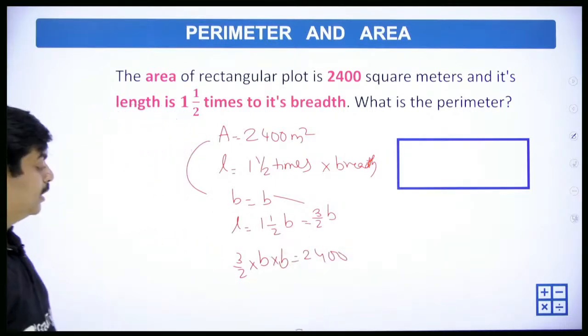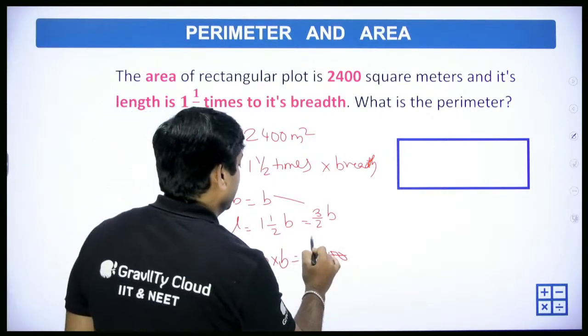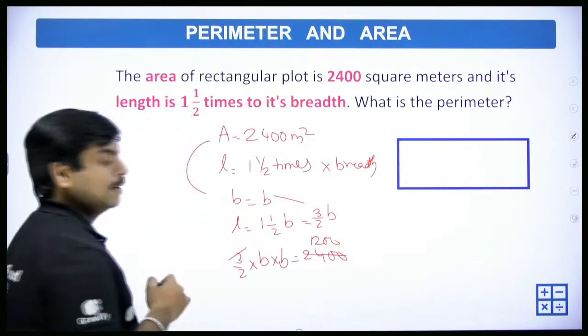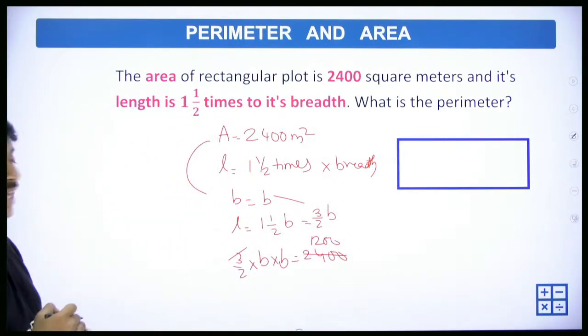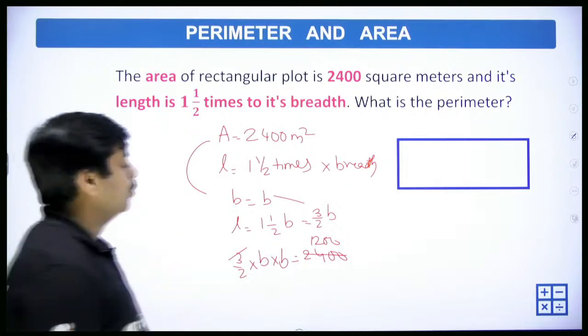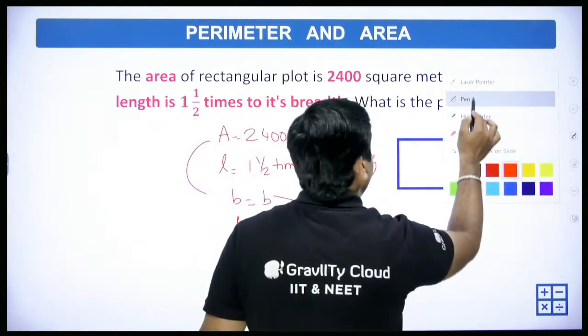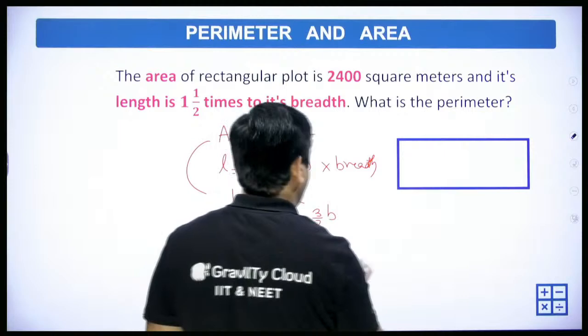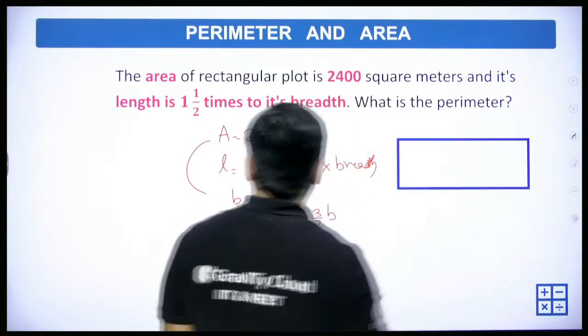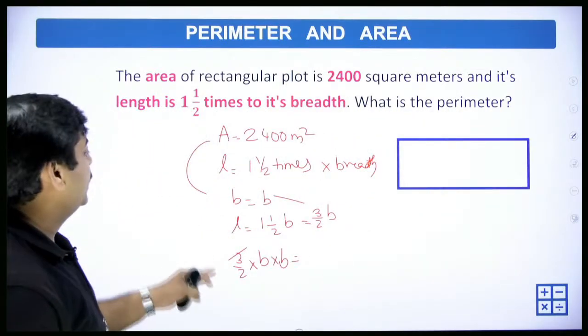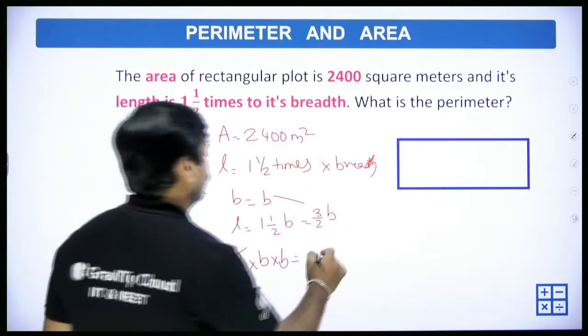Okay, so you can cancel with 2. Let me erase that. Right, so 3 by 2 into B into B becomes the area, that is 2400.